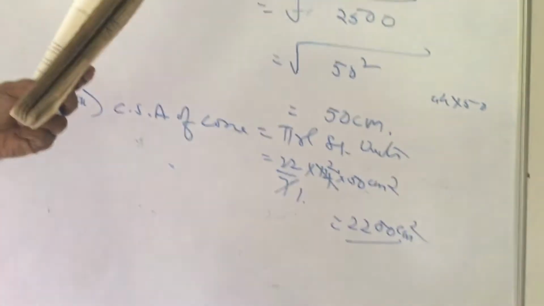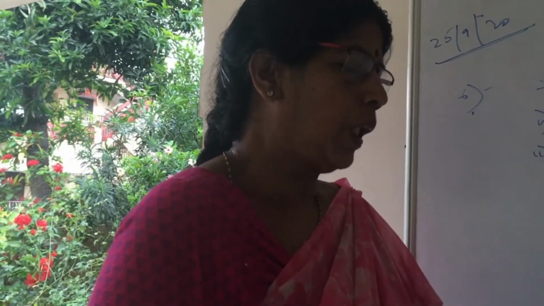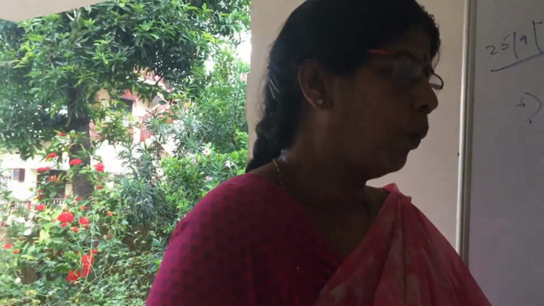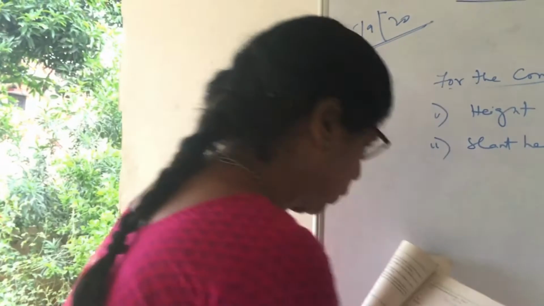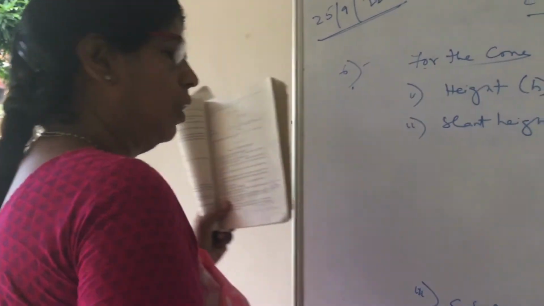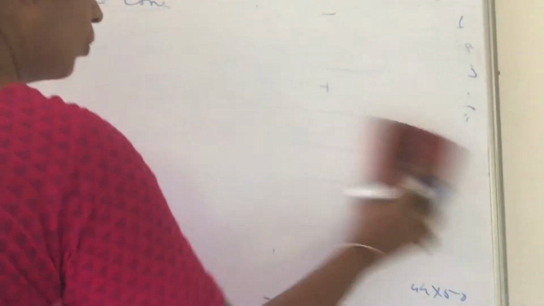Given the volume, you found out height using 1 by 3 pi r square h. Slant height formula is what, children? 50 centimeters, and the CSA of the cone is how much? 2200 centimeters square.